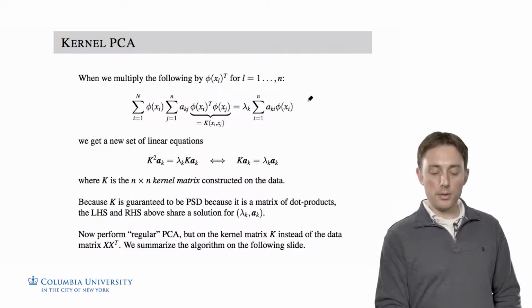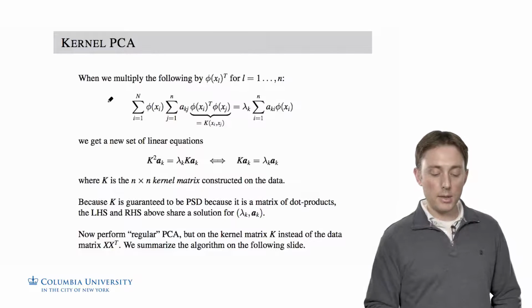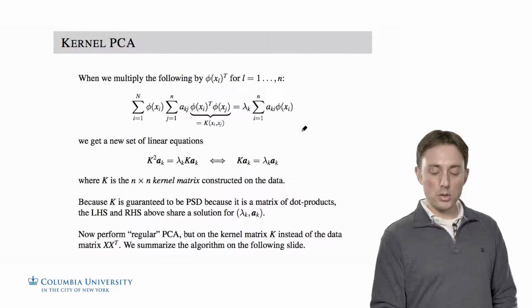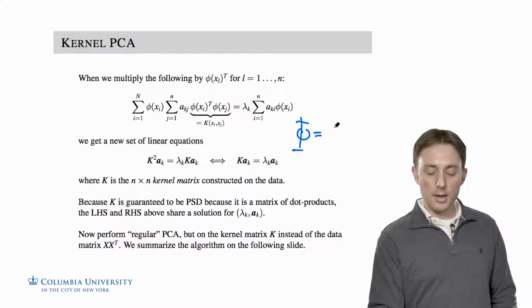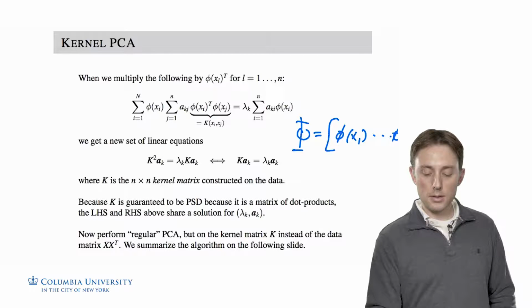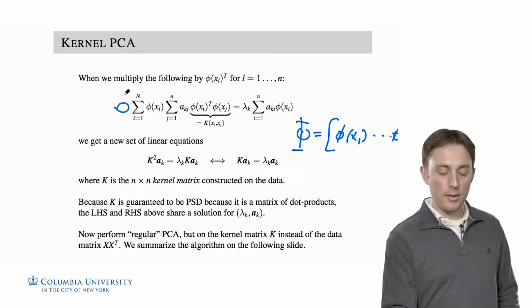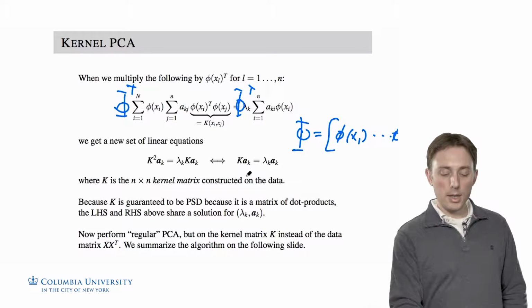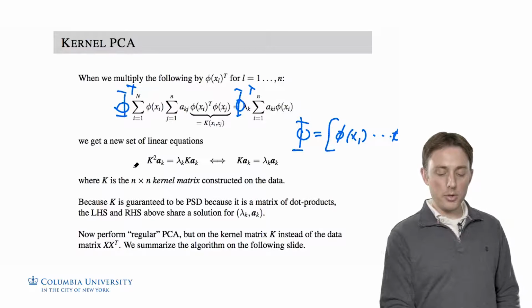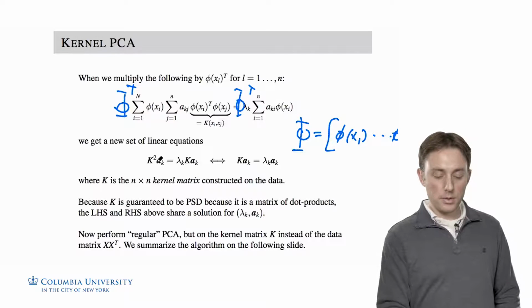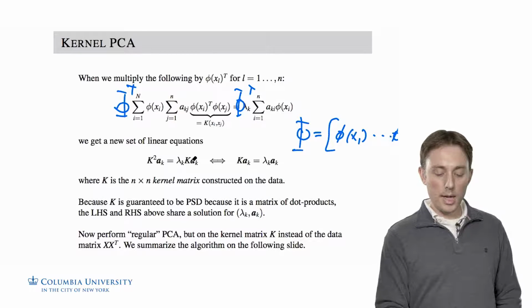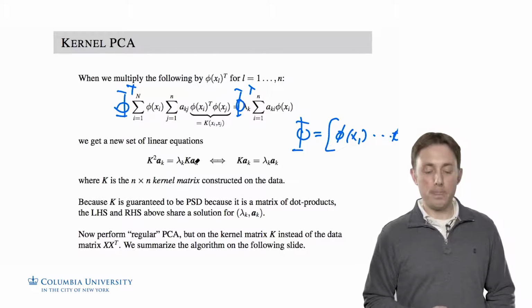I'm not going to work it all out in mathematical detail, but what you can see is that when you construct that matrix phi, which is again phi of x1 to phi of xn, and you take phi transpose, multiply it by both sides like this, you get this equality. You get the kernel matrix squared times AK equals lambda k times the kernel matrix AK.